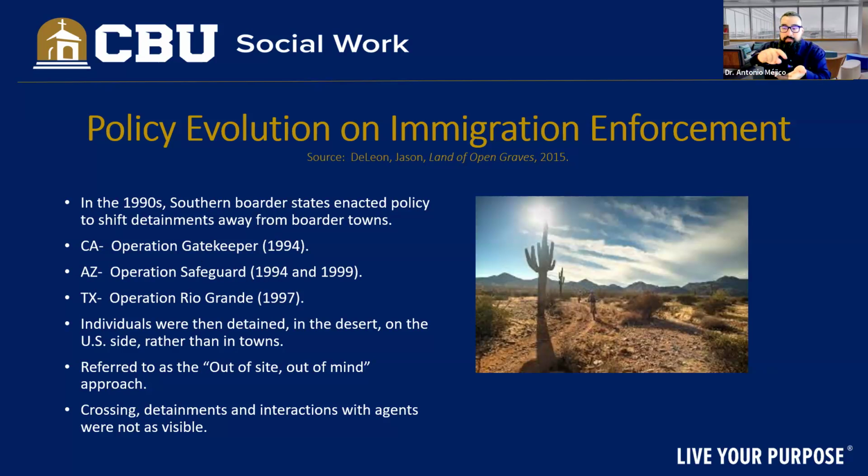So we didn't wait for individuals to jump the fence or to hop a gate, right, and then enter into a US border town. We started to move that away and detain earlier in the desert aspect of the United States. The policy for this in California was named Operation Gatekeeper, which was implemented in 1994. In Arizona, they had Operation Safeguard, which was implemented in 94 and 99. And in Texas, they referred to it as Operation Rio Grande in 1997. So individuals, rather than be detained in towns, were now detained in the desert on the US side.